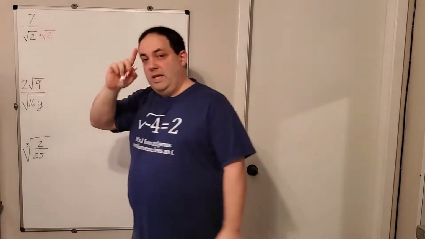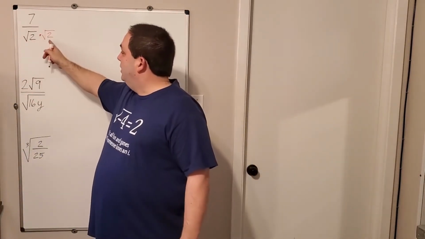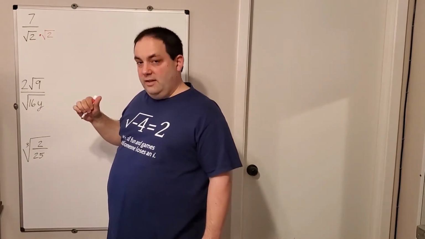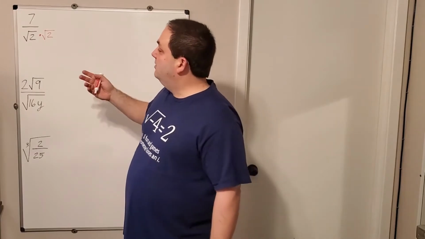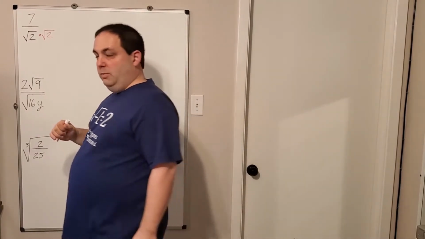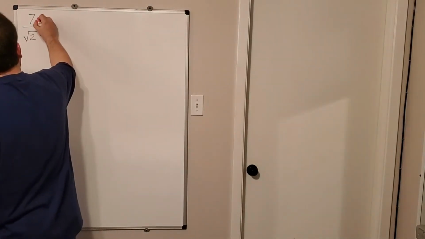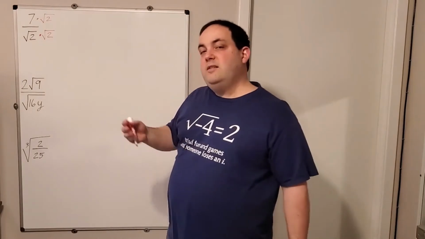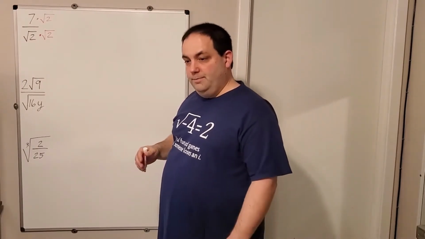Because I know from that skill we talked about earlier that if I duplicate a square root, then I'll end up with a value that doesn't have a radical. But to make it fair and balanced, whatever I multiply in the bottom, I've also got to multiply in the top. So I'm basically multiplying square root of 2 over square root of 2. Basically, I'm multiplying by a value of 1.